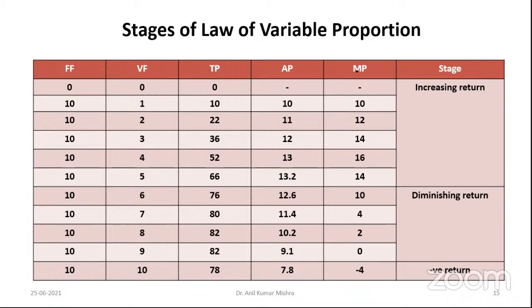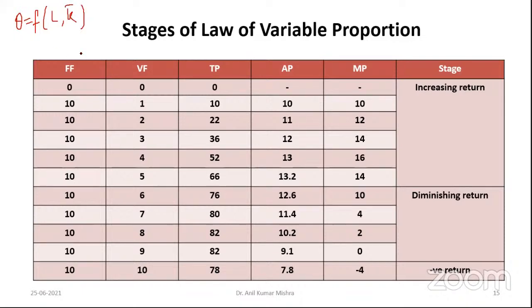What do the definitions tell us? The definitions tell us about the existence of a fixed factor and a variable factor, because output is a function of the input factors. Here I take the inputs to be labor and capital, and capital to be the fixed factor.